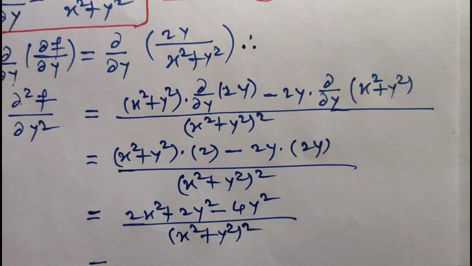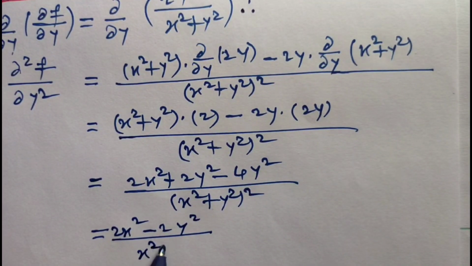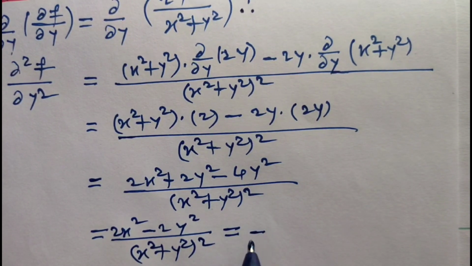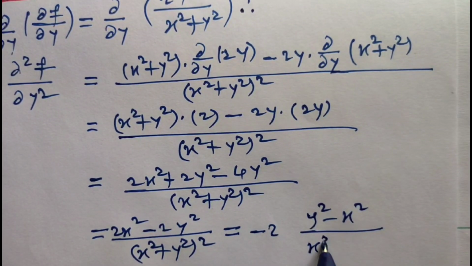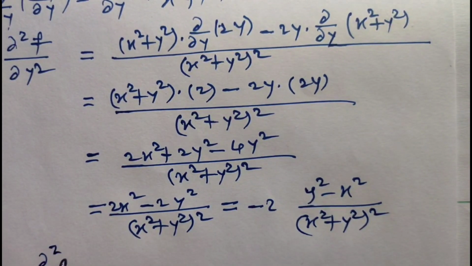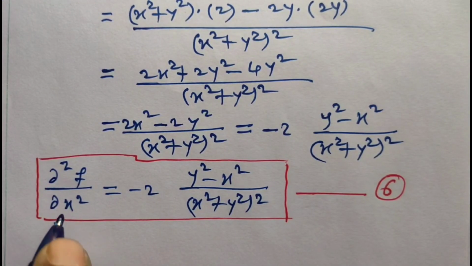Hence we can write (−2y² + 2x²) divided by (x² + y²) squared. We can take −2 common, hence −2 times (y² − x²) divided by (x² + y²) squared. Hence finally ∂²f/∂y² is equal to −2 (y² − x²) divided by (x² + y²) squared. This is result number 6.